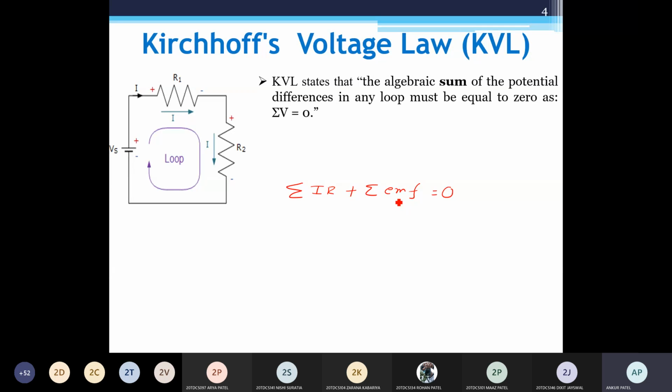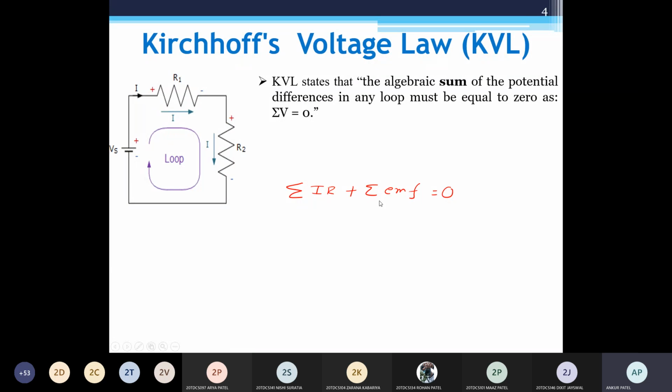This EMF, the electromotive force, is your source, supplied by the battery. In other words, the algebraic sum of the product of current and resistance plus the algebraic sum of EMF is equal to 0.